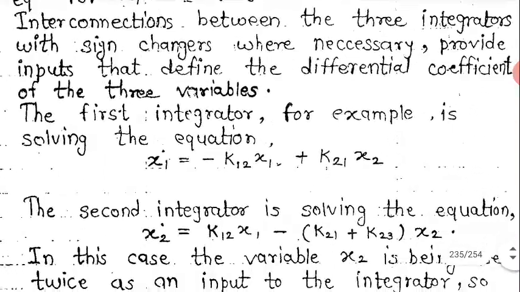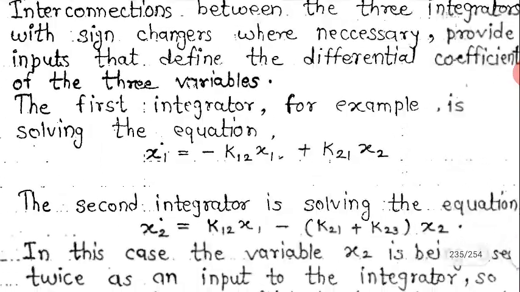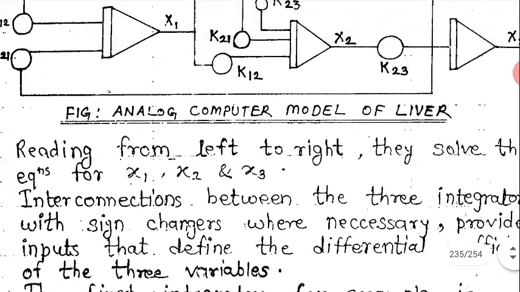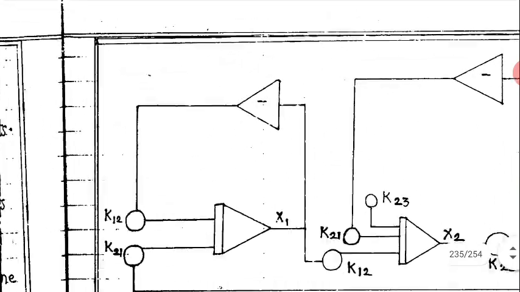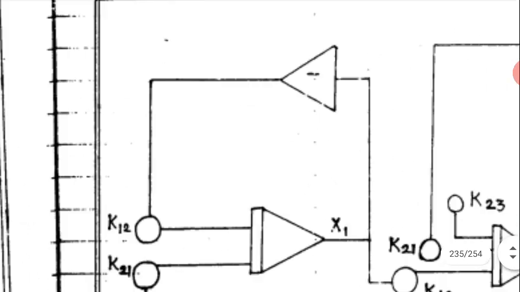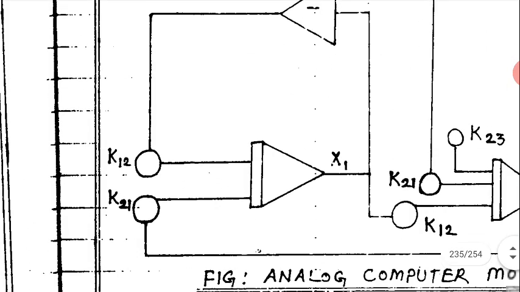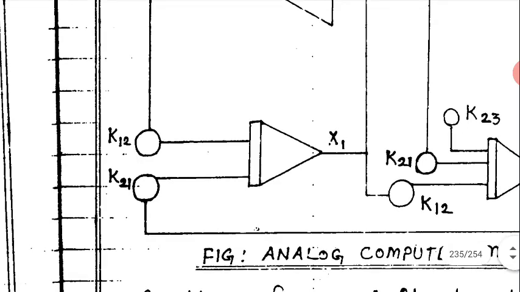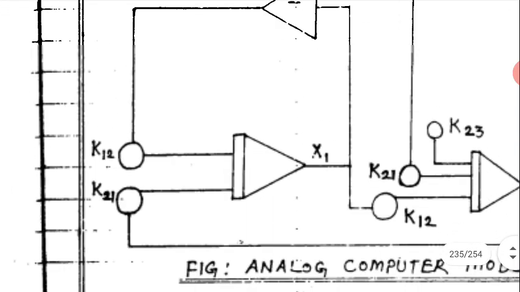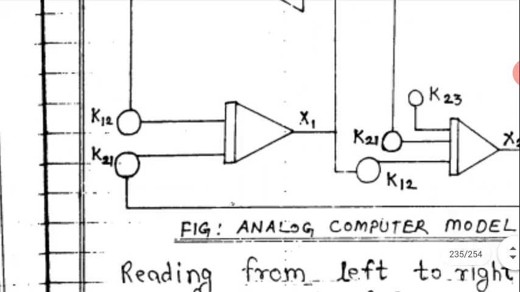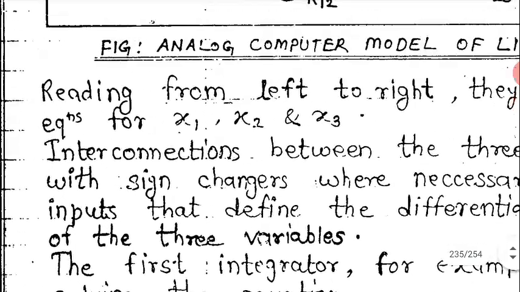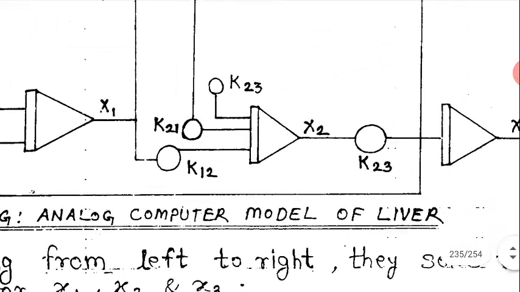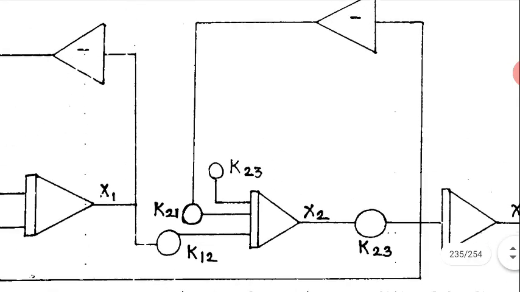So we can see x1 dot is equal to minus k12 into x1, because it has a sign changer, plus k21 into x2, because it is connected to x2 over here.